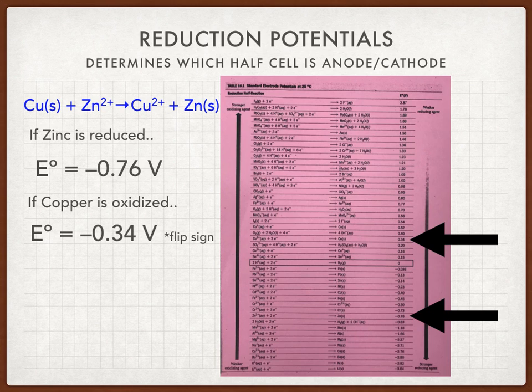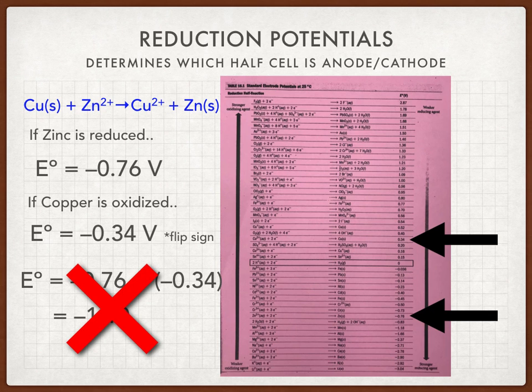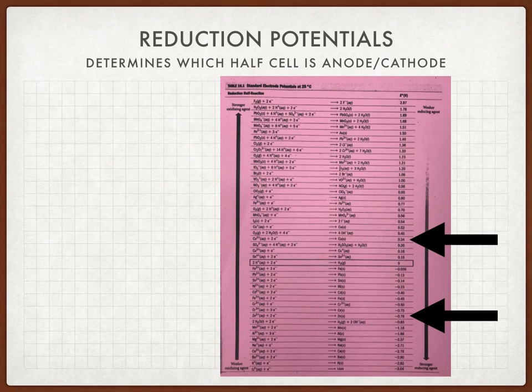Well, you may think, oh, on the sheet it says positive, but since the values on this table are given as reduction potentials, and the copper is oxidized, we must flip the sign, so it's negative rather than positive. Now, if we add this for the whole cell, we get negative 1.10, which does not work because E must be positive.